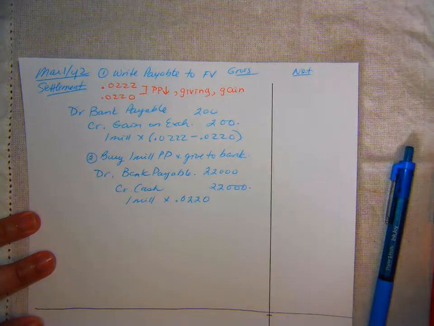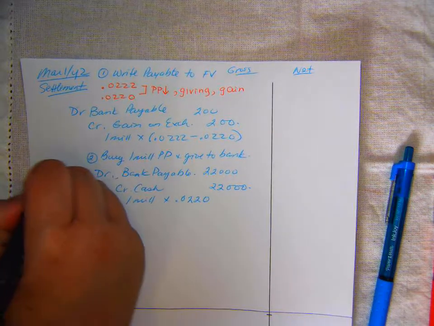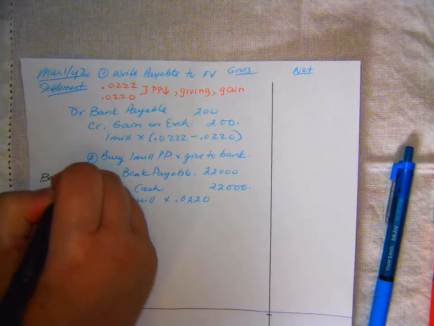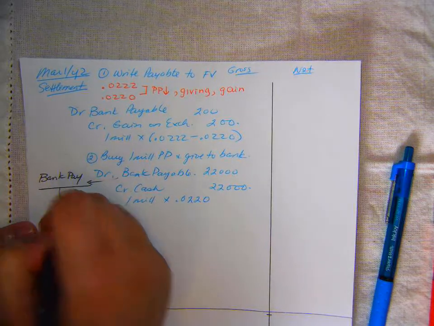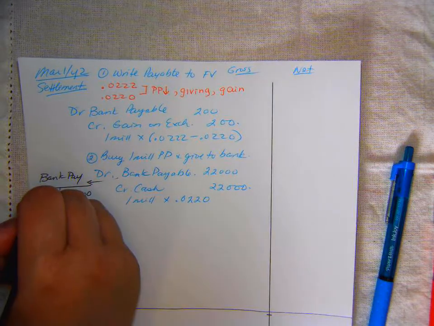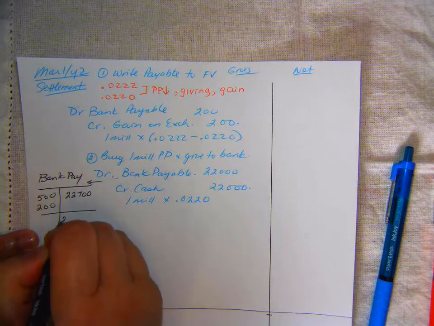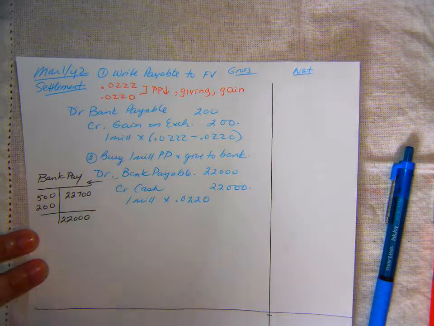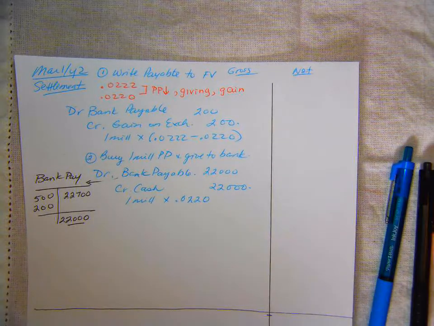And just to double check, our bank payable, if you've done all the entries, should balance that. So you'll see 22,700. We had two gains, which reduce it. 500, 200, and 22,000. So that's where the two numbers are coming from, and they're the same because we've done all the adjustments.